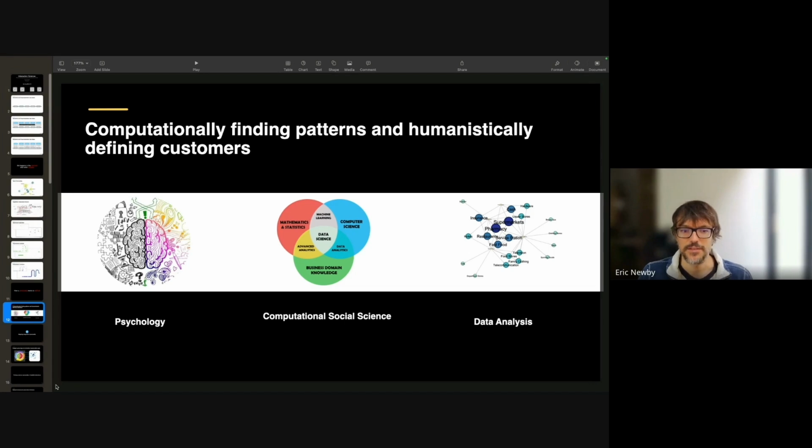So we have Jess, who's our psychologist, who's also, after working in this company for quite a while, gotten quite good at the data analysis, and Jay, the computational social scientist, also across all three, and me on the data side.